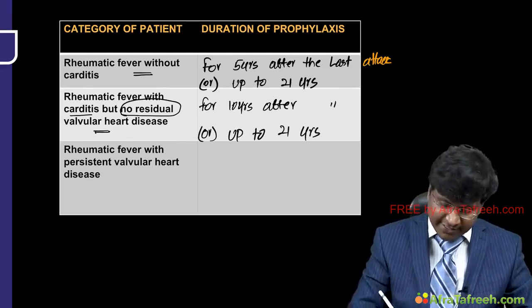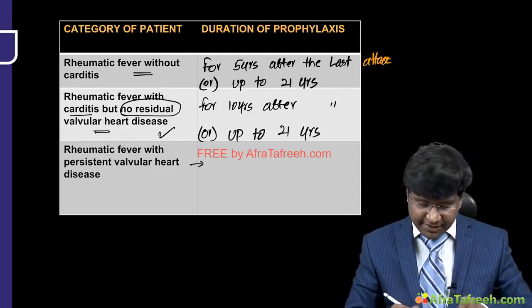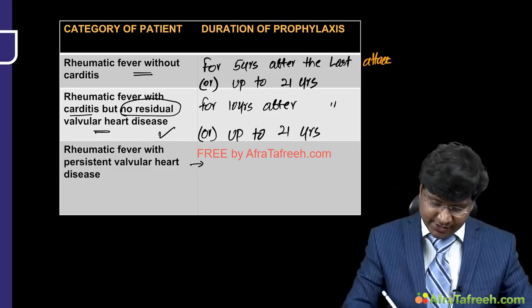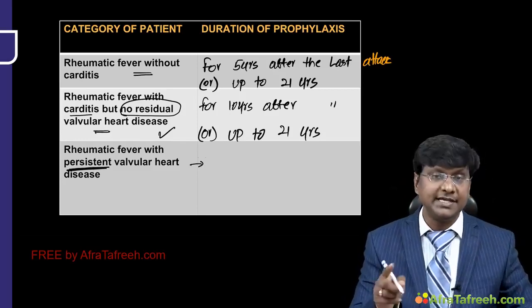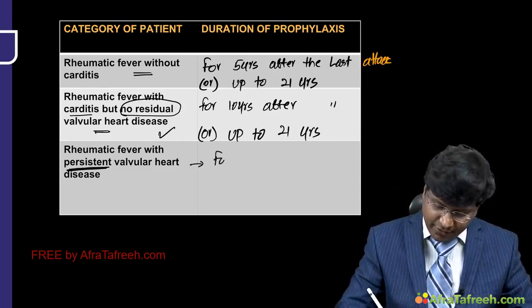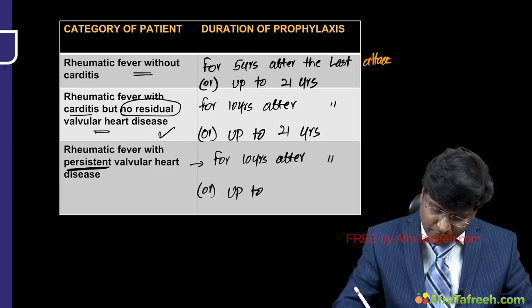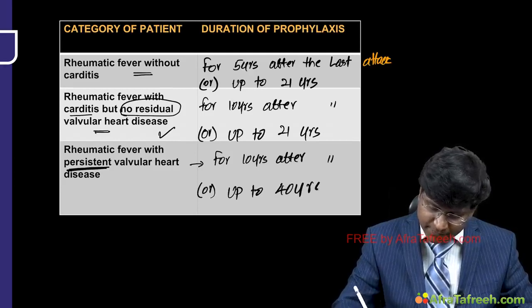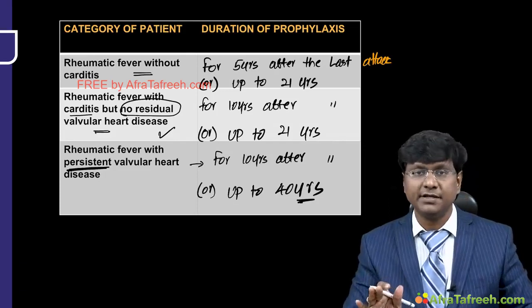Whereas in individuals with rheumatic heart disease with persistent valvular heart disease, you have to give for 10 years after the last attack, or up to 40 years of age, whichever is longer. So this is about the duration of the prophylaxis.